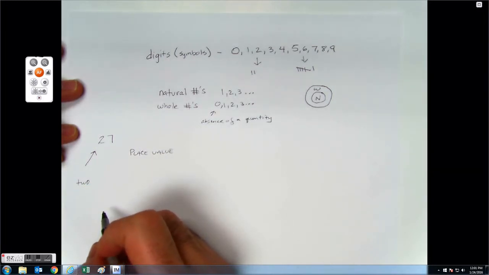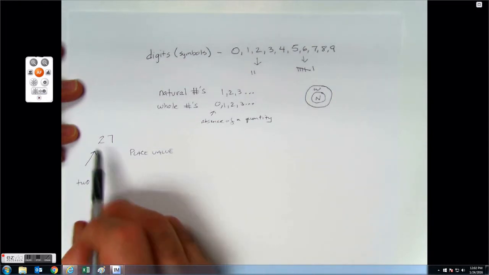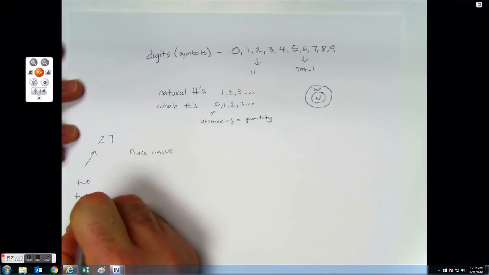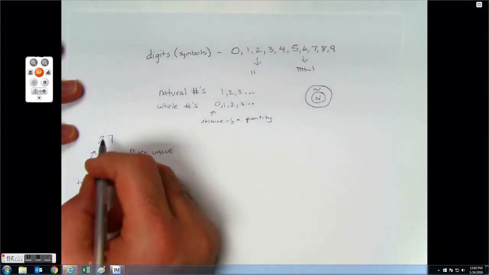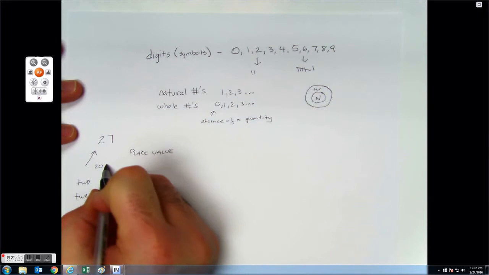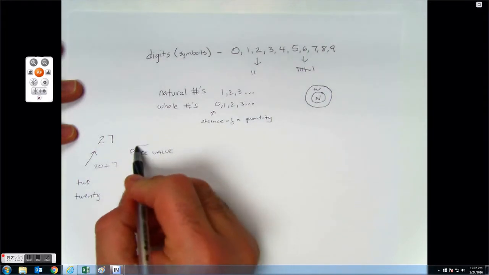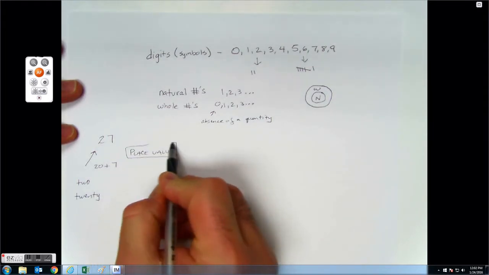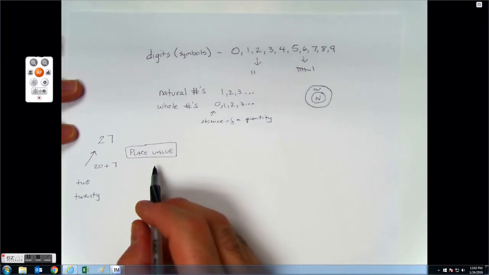Is that correct? No, in our number system, because of place value, that number is actually 20, not 2. Now it's the digit 2, but its actual number is 20. If we look at this here, this is 20 plus 7. So that's how we get the number 27, because of place value. So this is a big concept for us here in our number system to get us started.